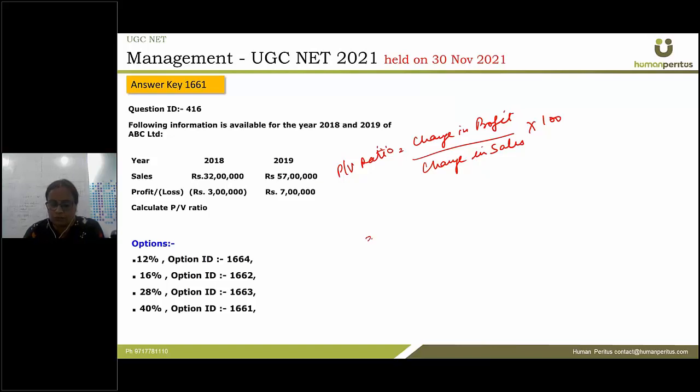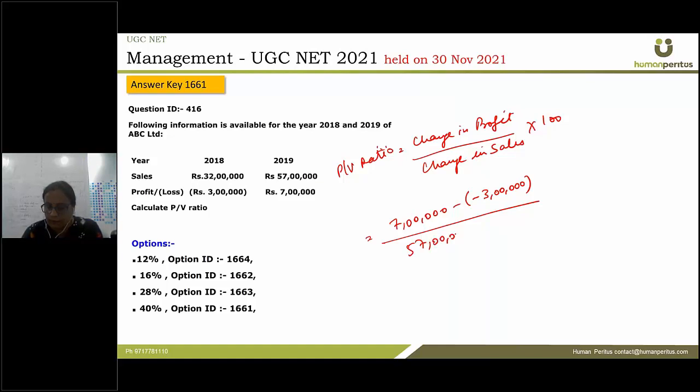How much is the change in profit over the 2 years? That is 7 lakh is the profit, and if it is given in brackets, it means in 2018 there was a loss of 3 lakh. So we will write minus before doing anything, right? And in the denominator we will take the difference of 2019 and 2018 sales figures.